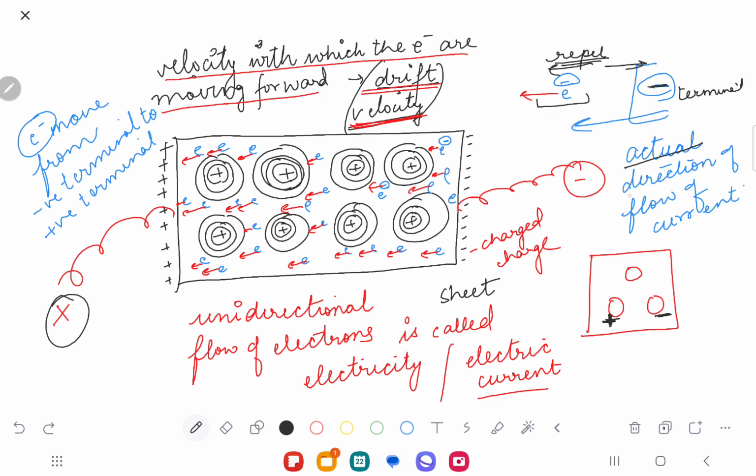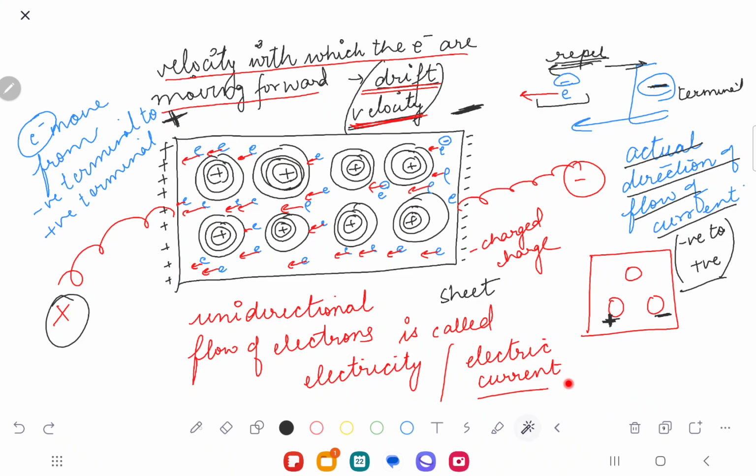The actual direction of the flow of current would be from the negative terminal to the positive terminal, because the electrons are the moving entities in an atom. The electrons are set free. So when these electrons are set free, I hope you're understanding that they are moving from the negative end to the positive end.